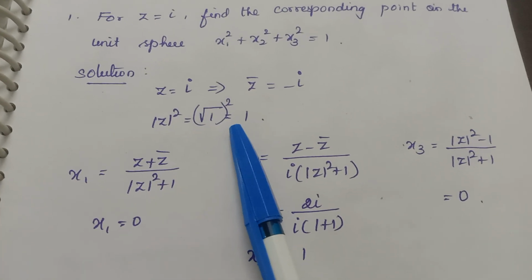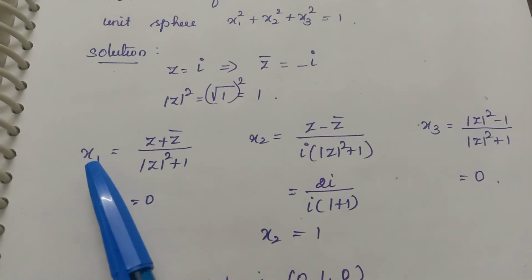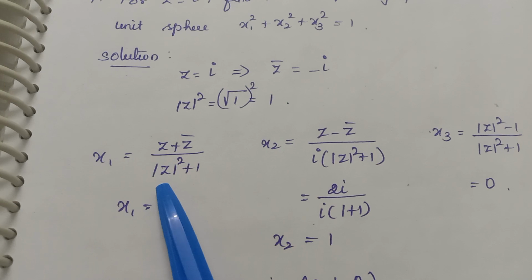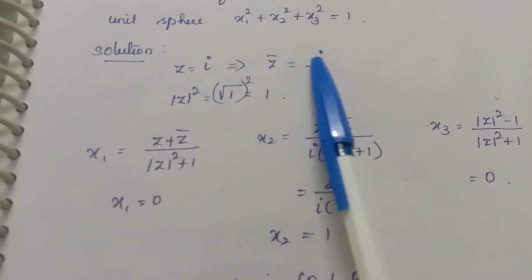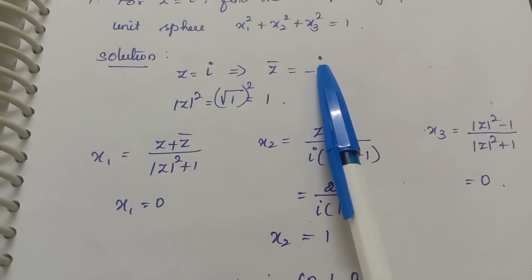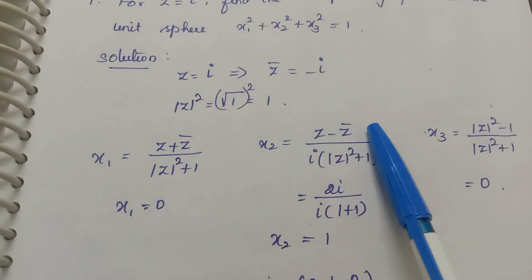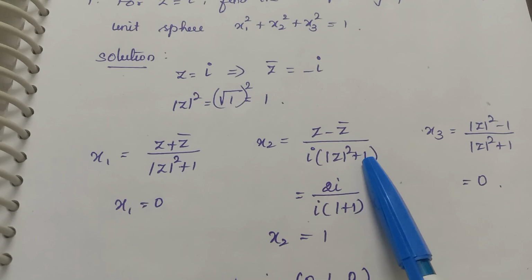So how to find the point on the sphere? The point is (x1, x2, x3) where x1 = (z + z̄)/(|z|² + 1). When you add these two values, it becomes 0, so when the numerator is 0, the entire thing is 0. And x2 is given by (z − z̄)/(i(|z|² + 1)).